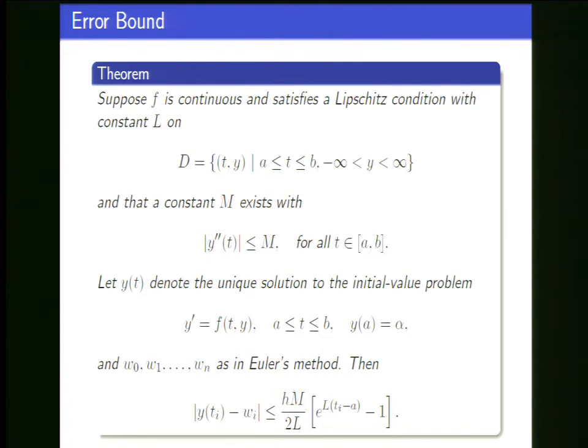So do you like this? If you allow me to introduce error, it's really saying the next error is bounded by the previous error plus h squared m half. And it's multiplied by, sorry, it's bounded by a multiple of the previous error plus some number. That's kind of nice.